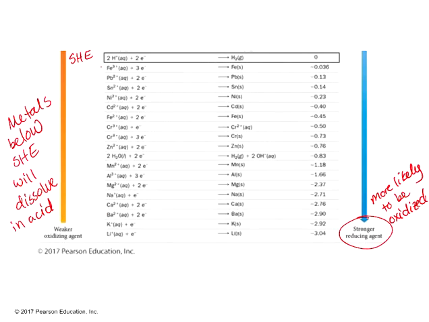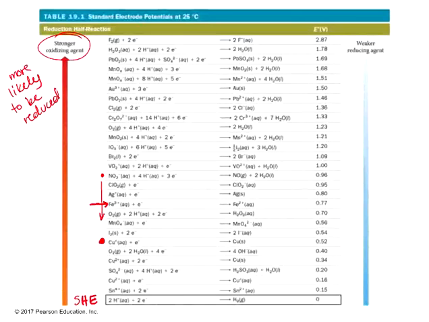Here we go. So it's listed here and here. So iron is listed below the standard hydrogen electrode, which means it prefers to be oxidized. So that's perfect because then hydrogen can be reduced and we'll end up with iron ions and hydrogen gas.